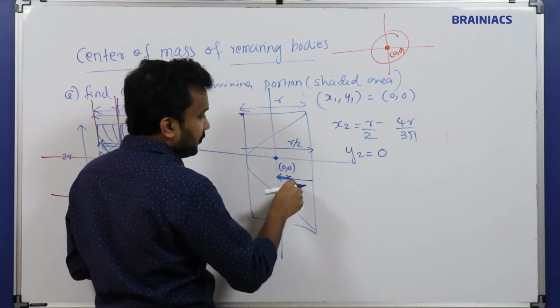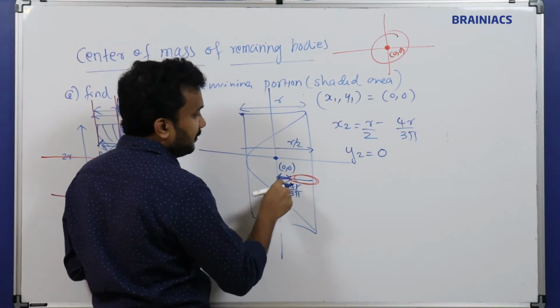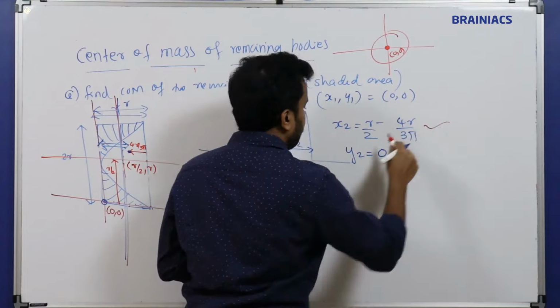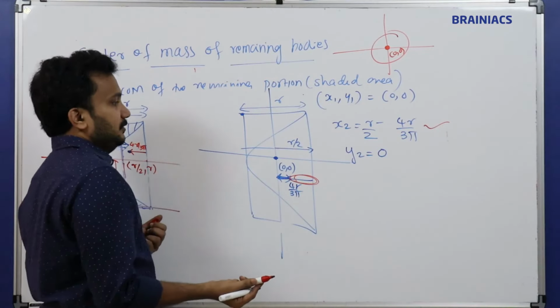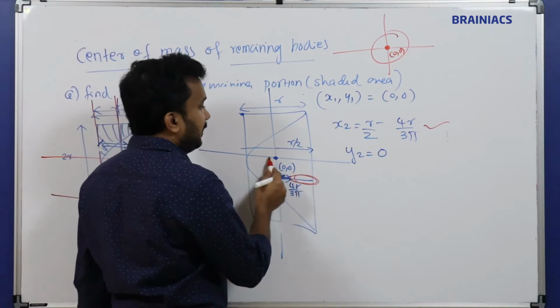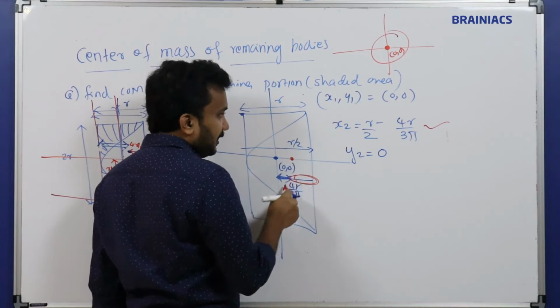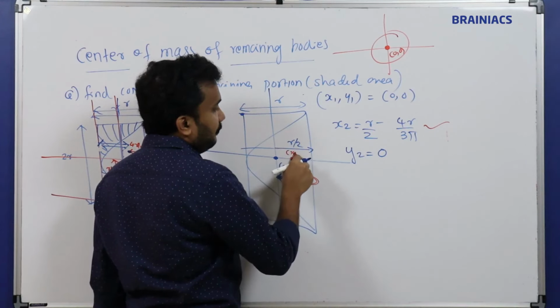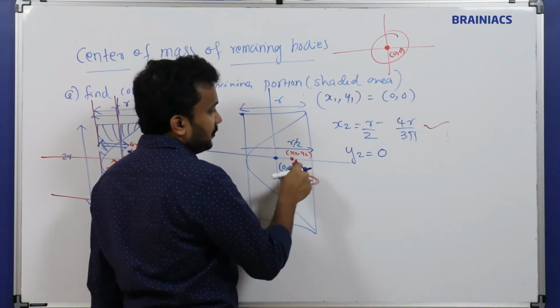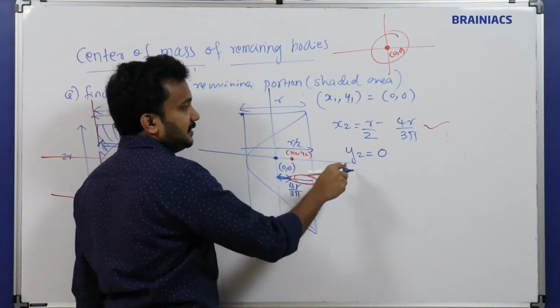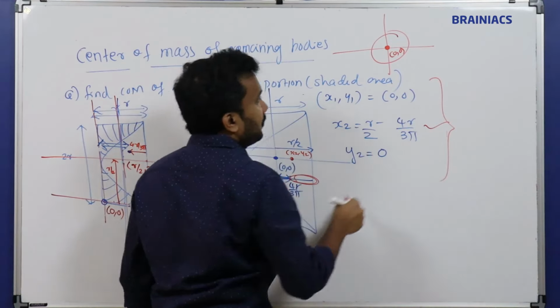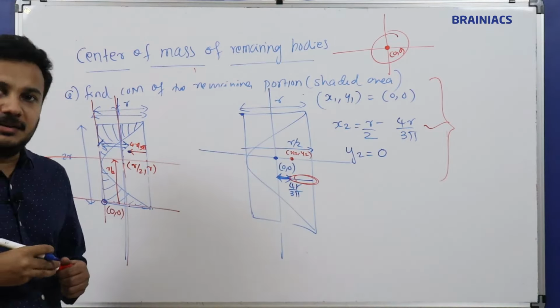So this much portion we will subtract, this red color portion, from the origin distance, and we got x2. And y2 is again 0, because definitely this 4r by 3 pi is located over here. So the coordinates will be x2 comma y2. x2 is this one, but y2 on the x-axis is equal to 0.